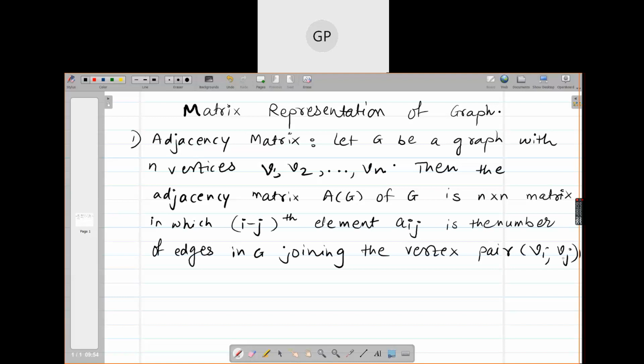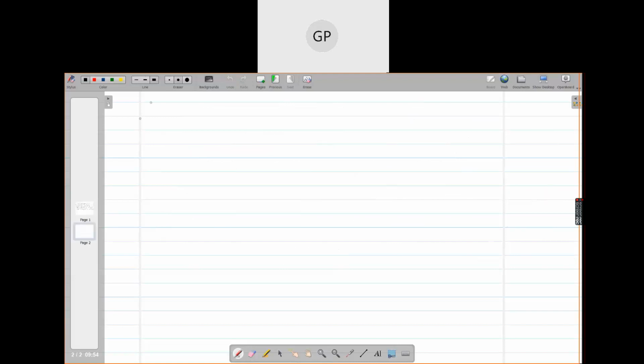Yes, ma'am. So let us have one example. I will consider an example of a pseudo graph so that all possibilities will be there. Let us have parallel edges as well.